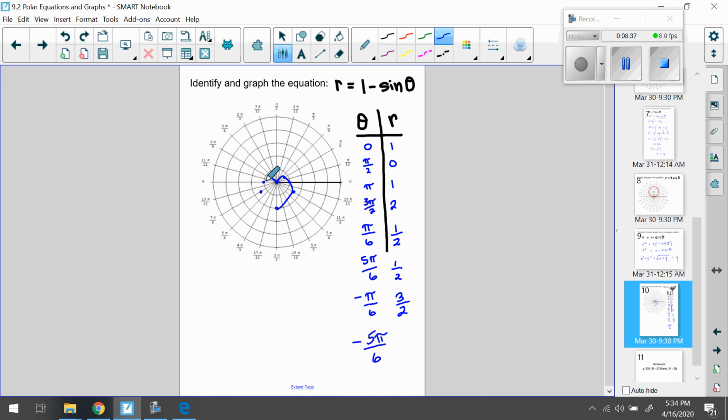I'll do the same thing to the other side. And what we end up with is a brand new graph that we've never graphed before. You'll notice it kind of is heart-shaped. And in fact, the name of this graph might remind you of a heart. The name of this graph is a cardioid.